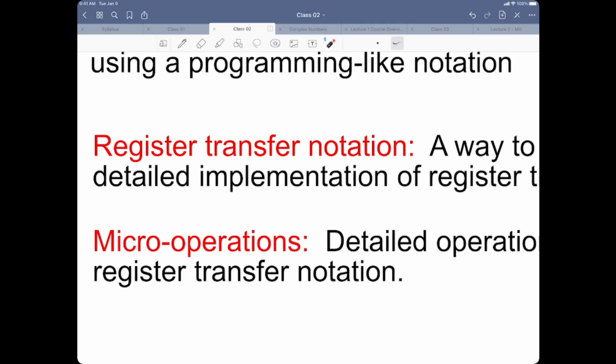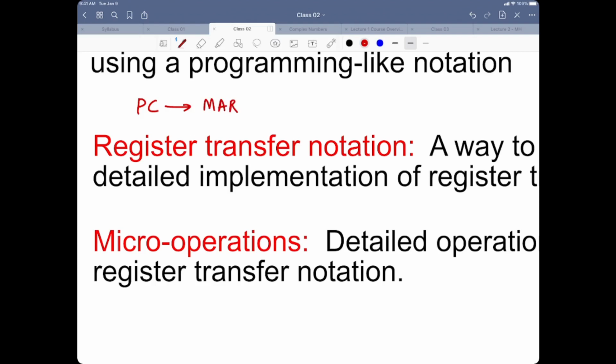Well, I don't really need to, right? So program counter to bus, bus is going to MAR. So when you're talking about the register transfer notation, you may just write PC to MAR.